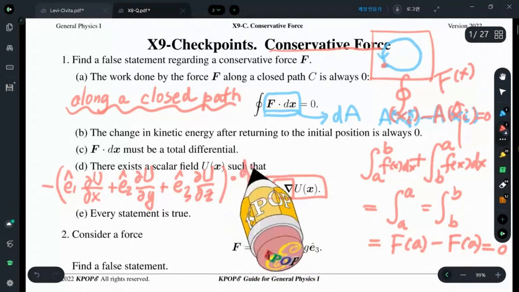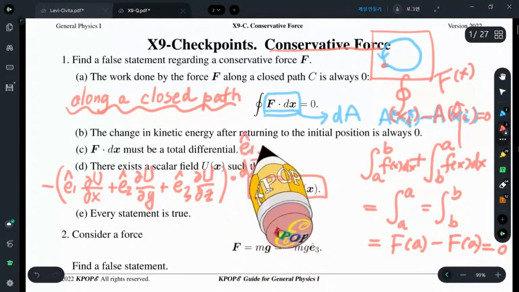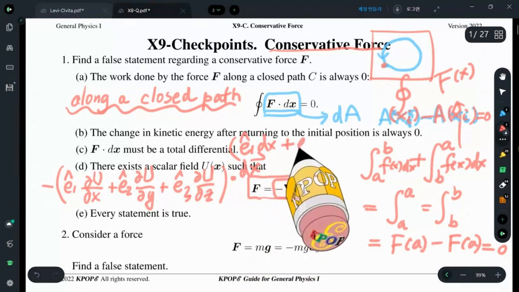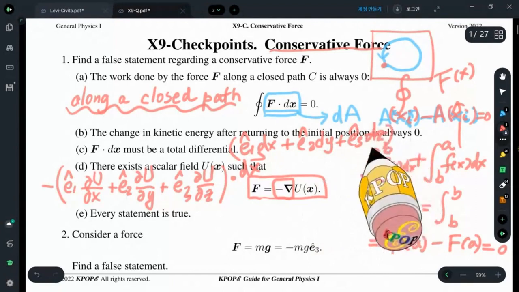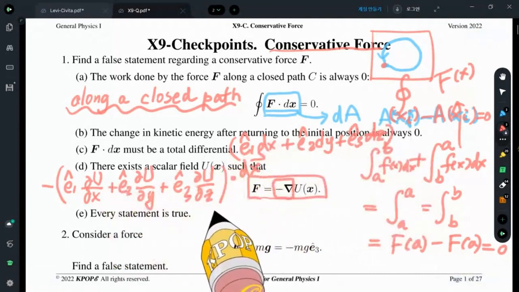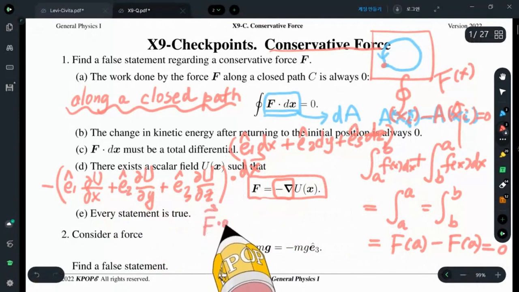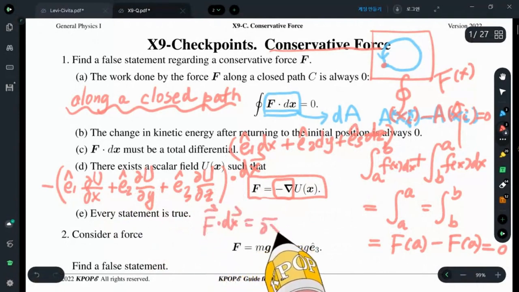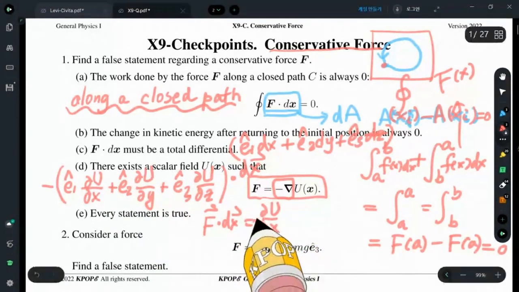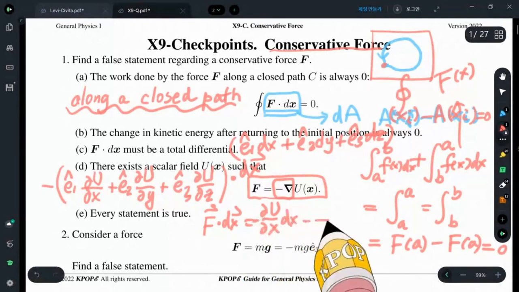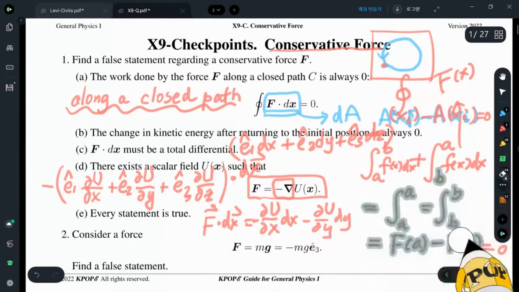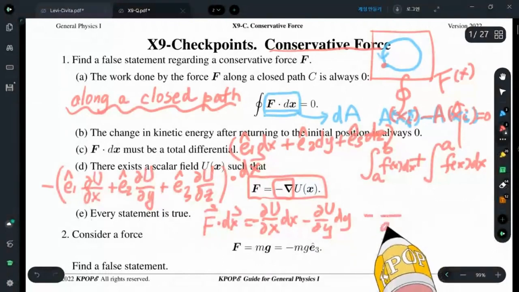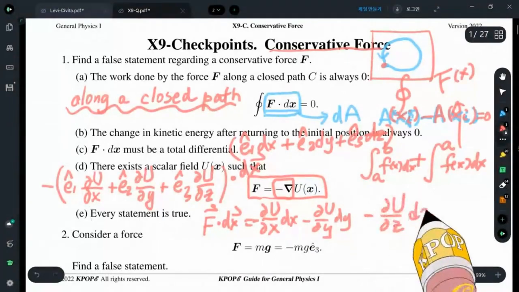If I multiply dx, that is e1 hat dx, e2 hat dy, e3 hat dz, then f dot dx becomes, with the negative sign, the x derivative dx, the y derivative dy, the z derivative dz.